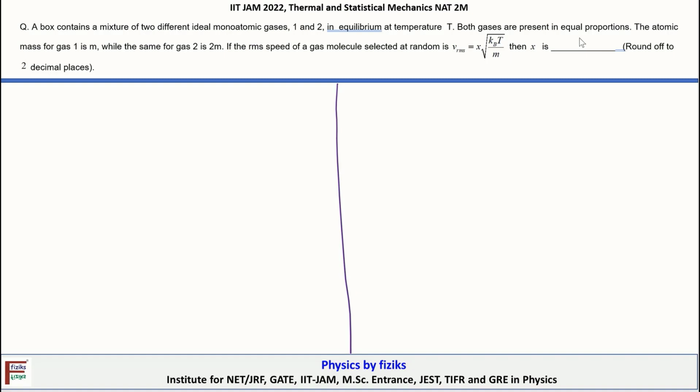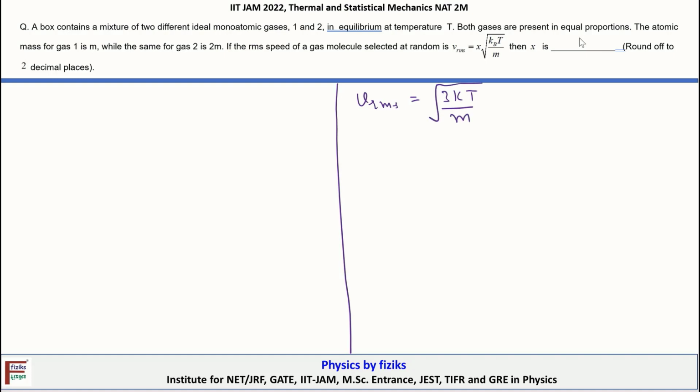So let's try to understand this problem. We are given two different gases of the same kind, monatomic, but with different masses. We know the root mean square speed for the gas is Vrms. I'm writing the expression for gas 1, which is equal to under root 3kT upon m.